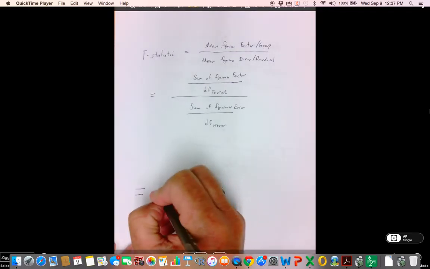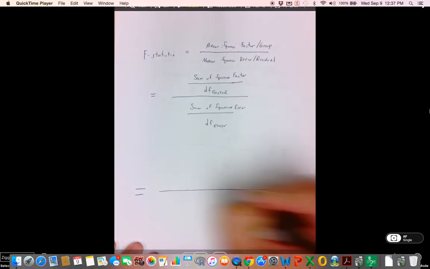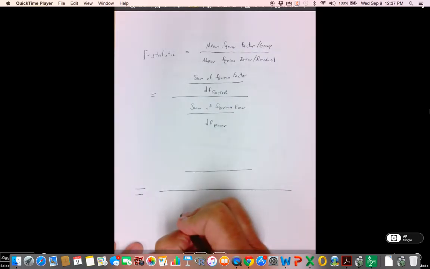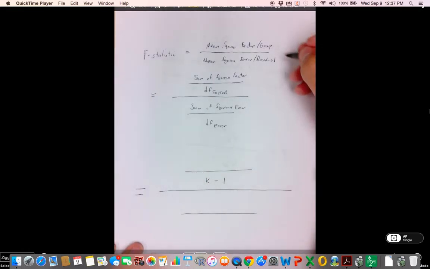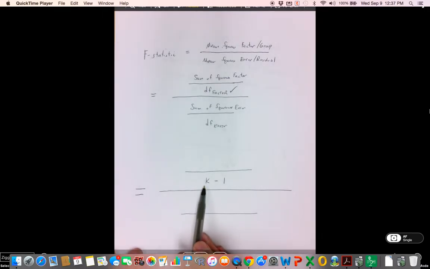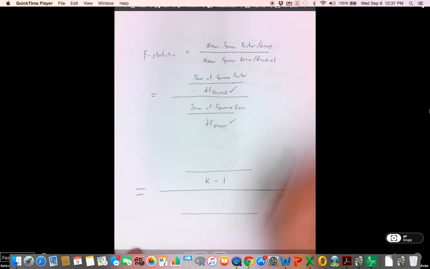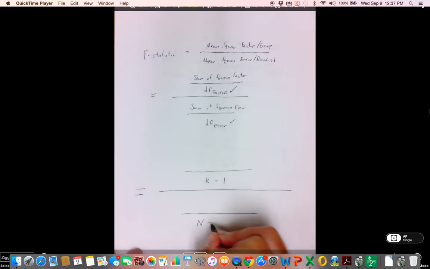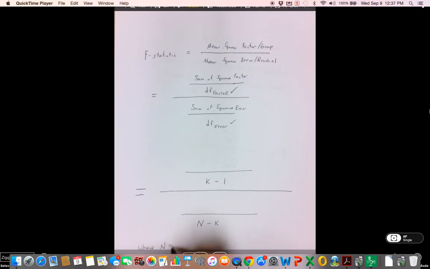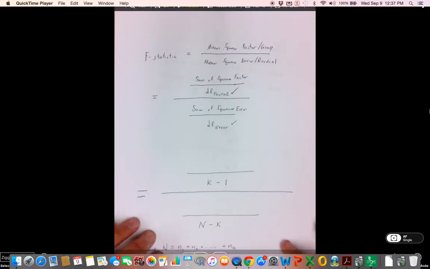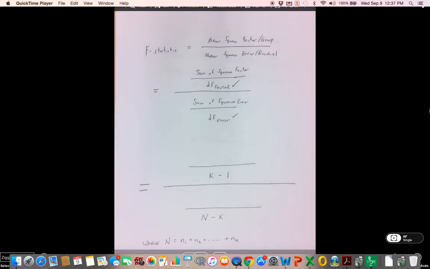So guys, ultimately here's how our F statistic is calculated. Let's do the degrees of freedom first. The degrees of freedom for the factor term is just k minus 1, so the number of groups minus 1. And the degrees of freedom for the error term is n minus k, where n is the sum of the sample sizes that we took from each population.